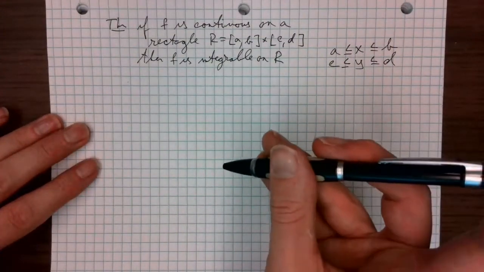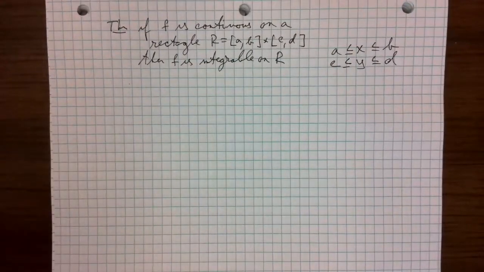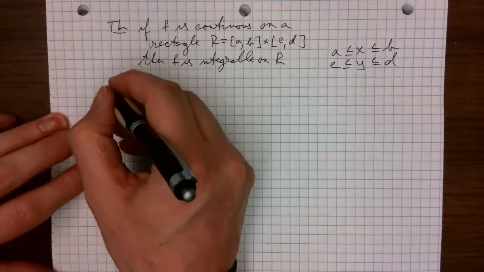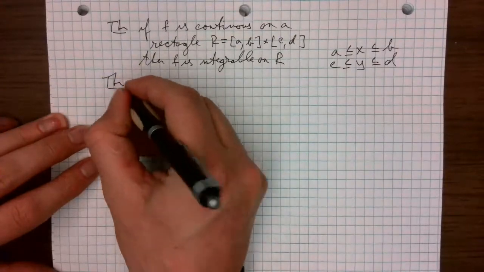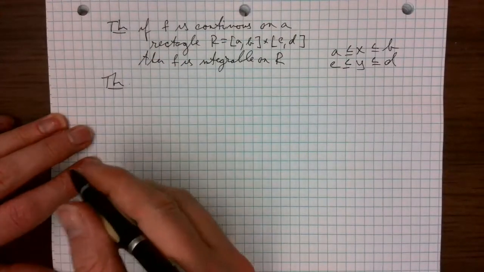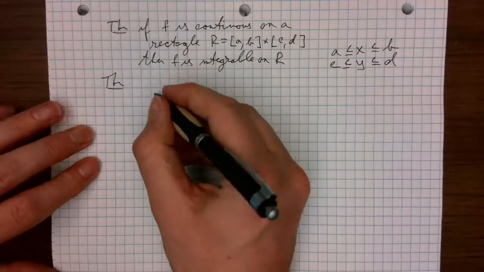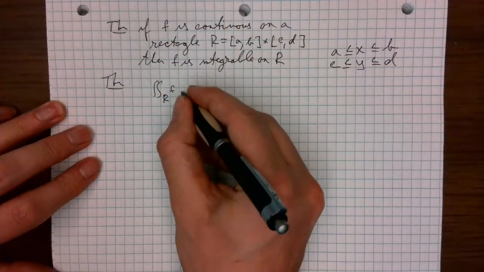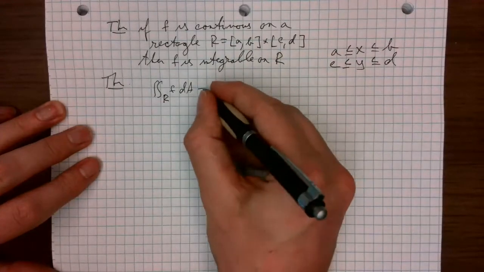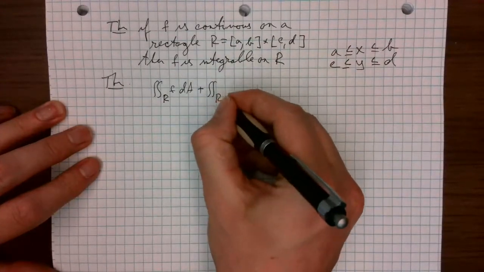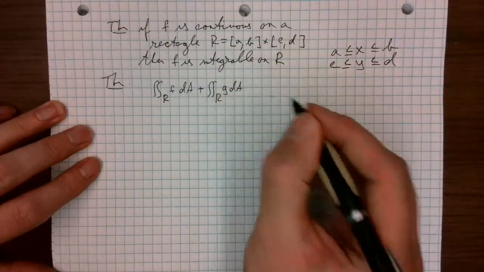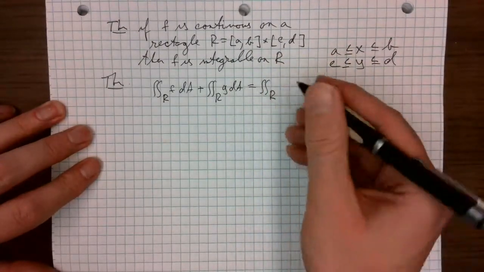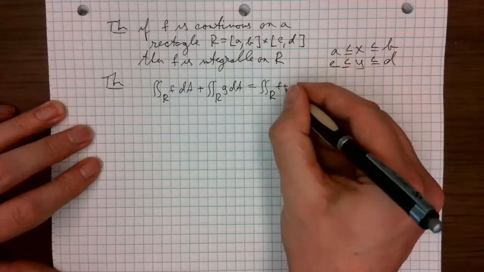Now, one thing that helps with that, since we're writing stuff as theorems, let's call it a theorem, is that the integral is linear. That means that if I have the integral over R of f dA plus the integral over R of g dA, then this is the integral of f plus g, right?